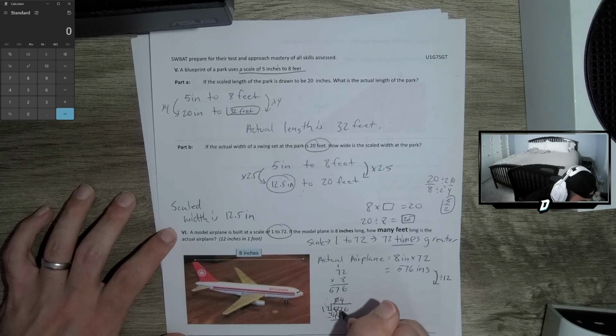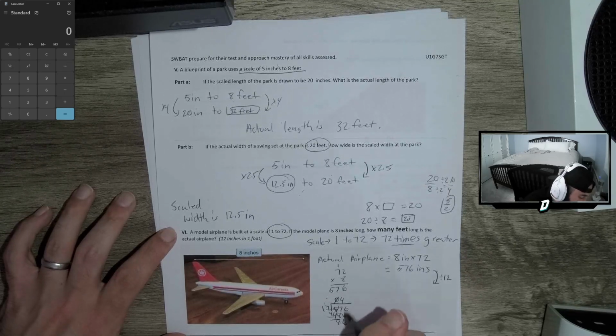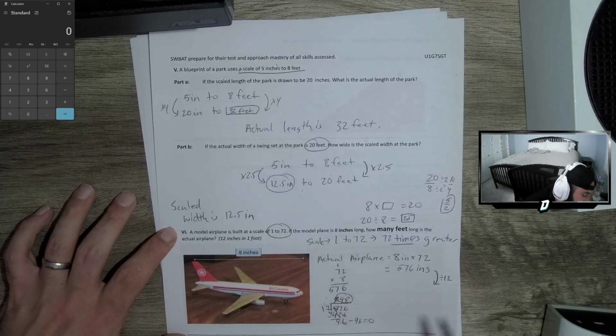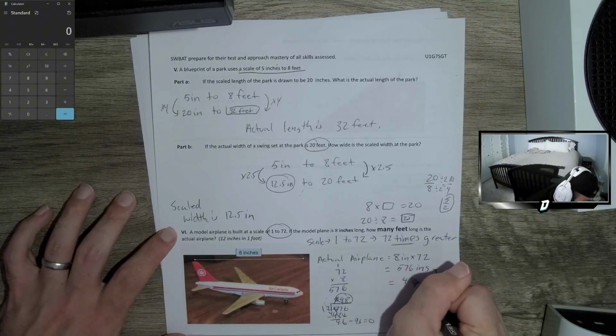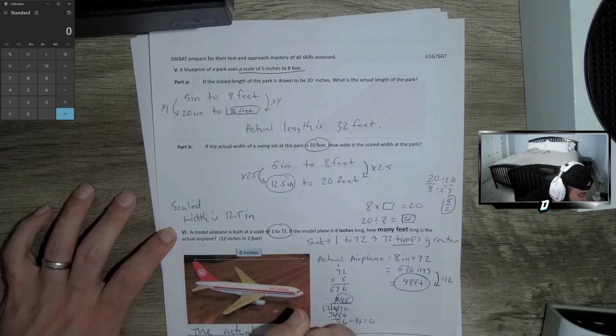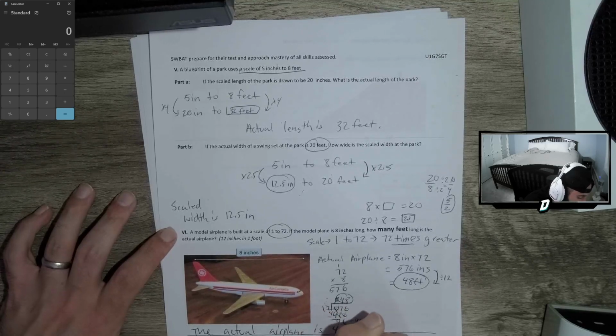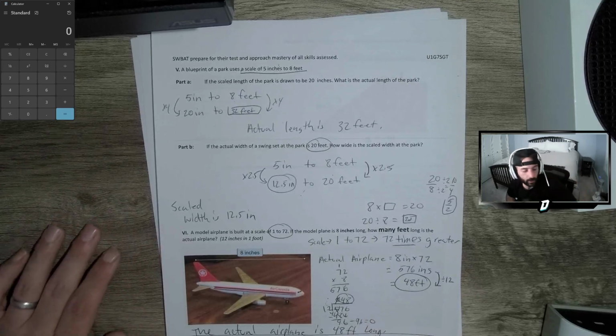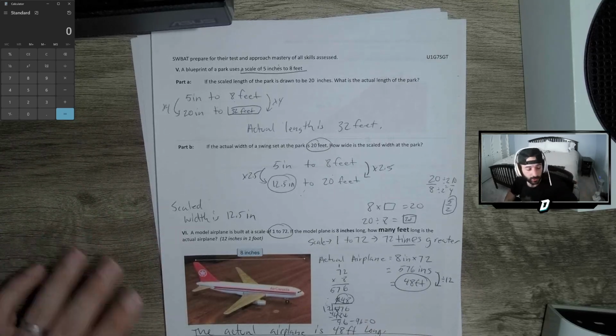Regroup. 17 minus 8 is 9. Drop down my 6. 12 goes into 96 8 times. And I end up getting 48 feet. And so we would say the actual airplane is 48 feet long. And that was question 6.